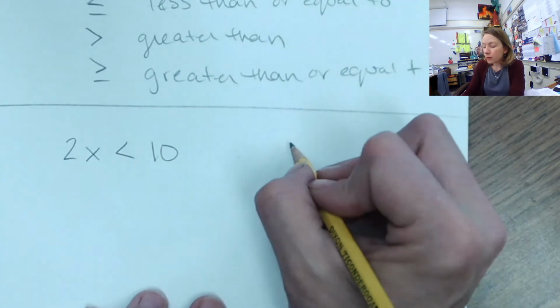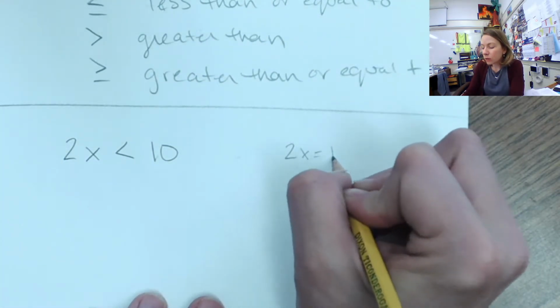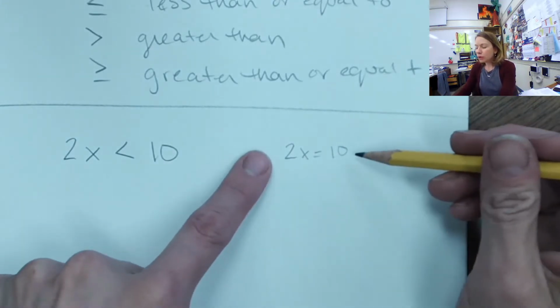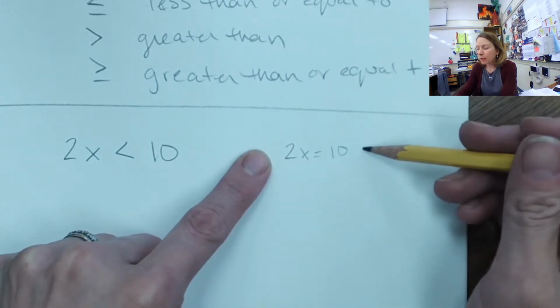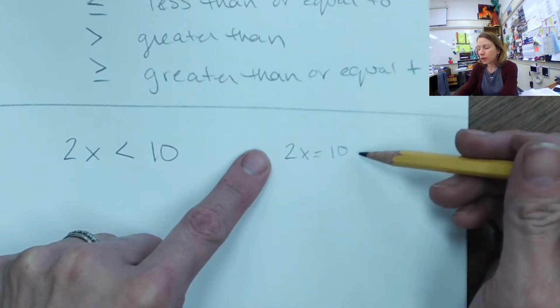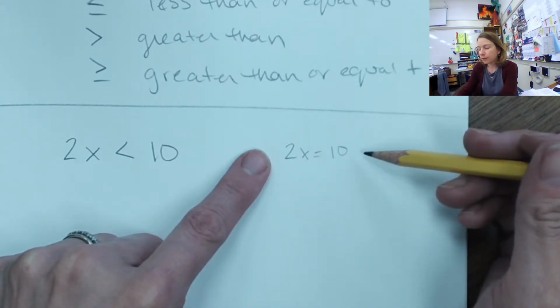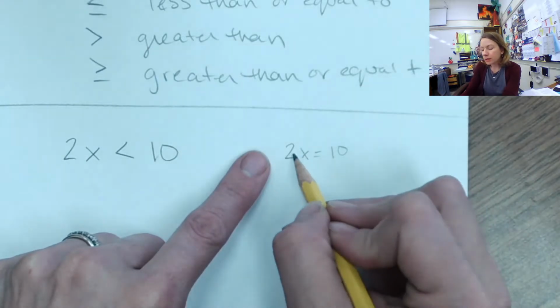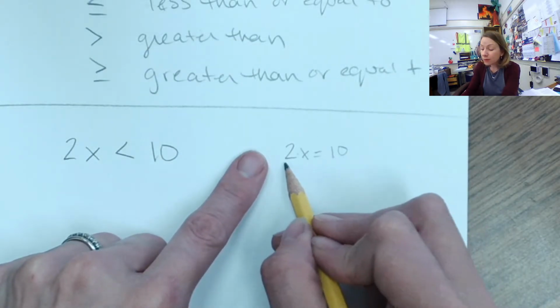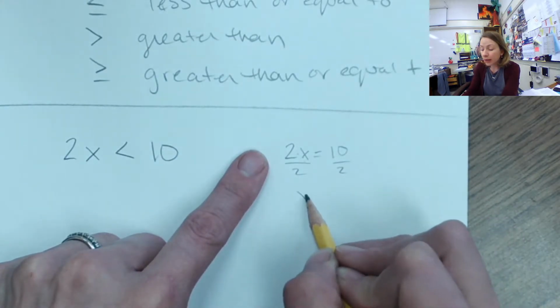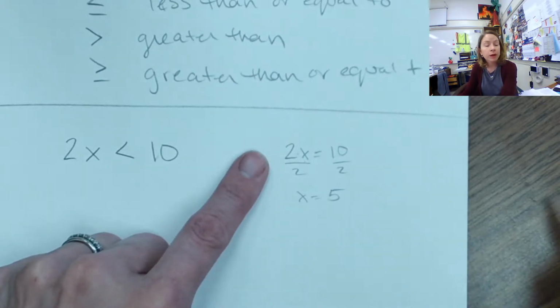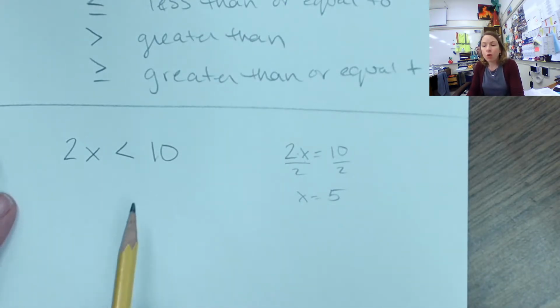Now, if I was to give you the equation 2x is equal to 10, what would you do to solve this? Just take a moment and think about what would you do to solve this equation right here. Hopefully you're thinking to yourself it's being multiplied by 2, so I would divide by 2 to get my answer, and x would be equal to 5. Here, it works the same way.